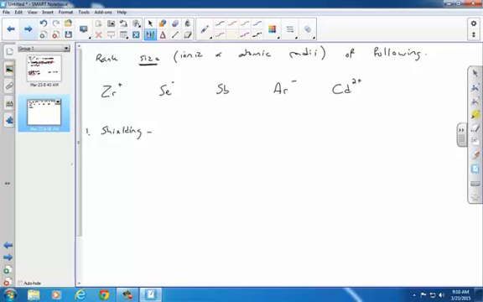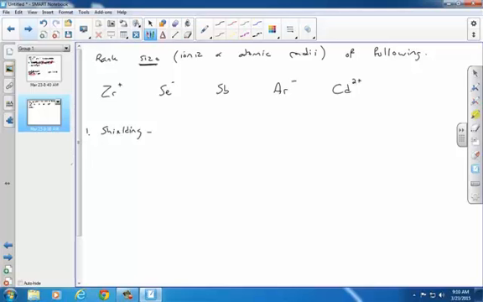But we know that the majority of the shielding comes from the core electrons, because they're always between the valence electrons and the nucleus. Since the size of the atom depends upon how far away the valence electrons are from the nucleus, it's the core electrons that really repel and shield the valence electrons, preventing them from getting close to the nucleus.